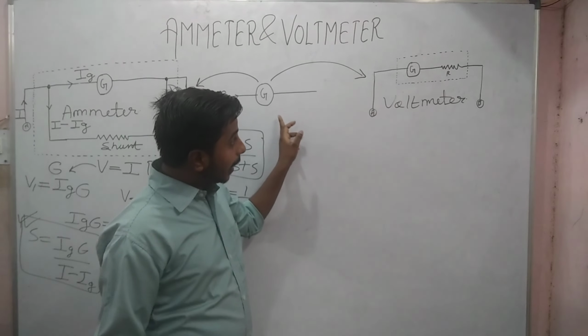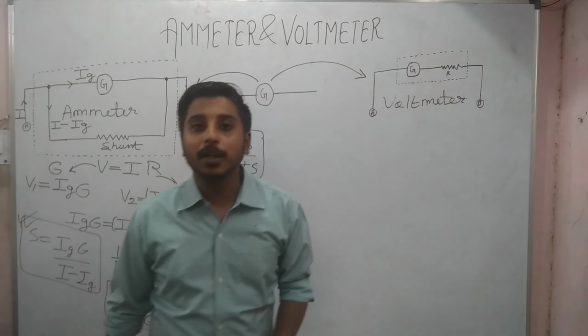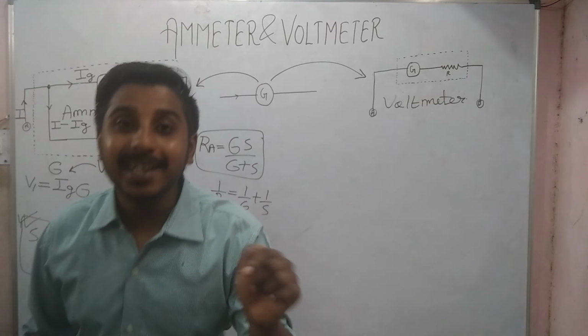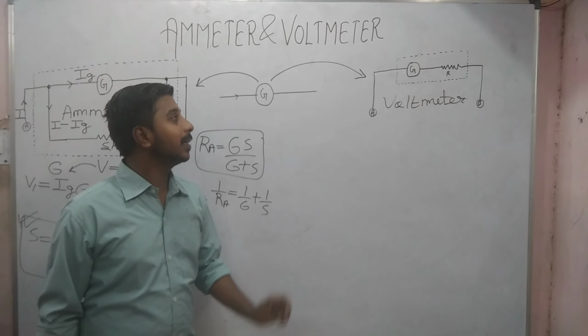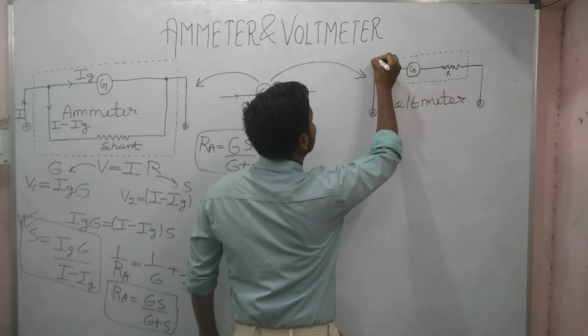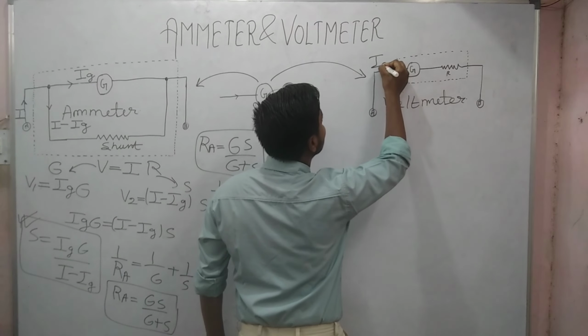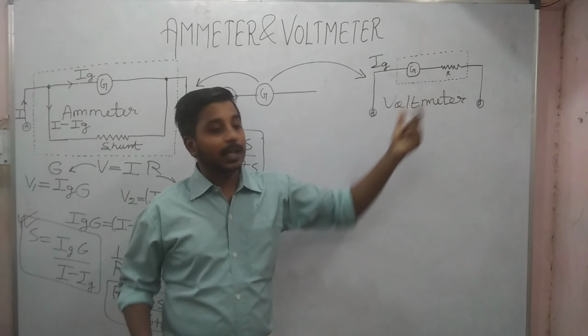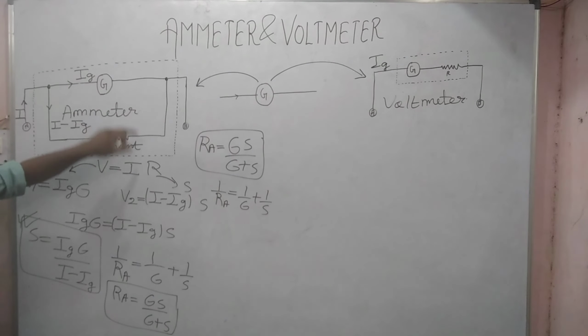In voltmeter it is just opposite. To convert a galvanometer into a voltmeter, a large resistance R is connected in series to the galvanometer. Now let's say here the current through the galvanometer is Ig. Here there is only a single path in the circuit, while there were two parallel paths before.